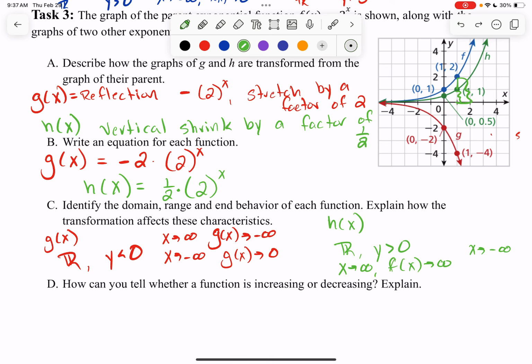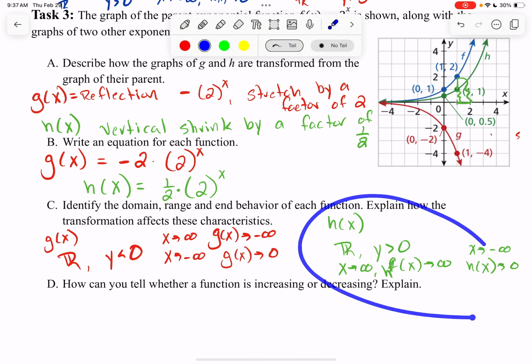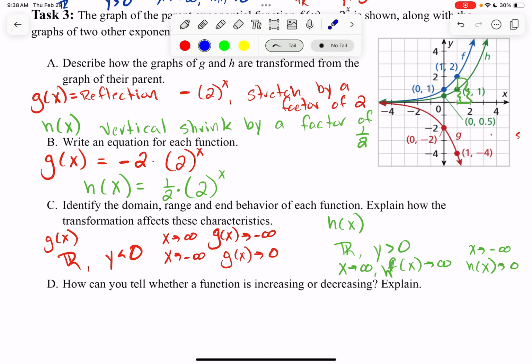Oh my goodness, I need to stop doing that. This should be h of x. Sorry, guys. H of x, again, goes to 0. So really, just a plain stretch or shrink doesn't affect any of that stuff. It doesn't affect domain, range, or end behavior. It just makes it go more slowly or faster. In this case, it's going to grow slower than the parent, but it's still going to grow.